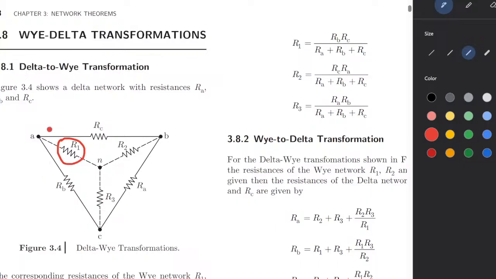R1 is equal to RB times RC, because of the side of the nodes, divided by the sum RA plus RB plus RC. For R2, we can write RC times RA over the same sum. For this one, we write RA times RB.